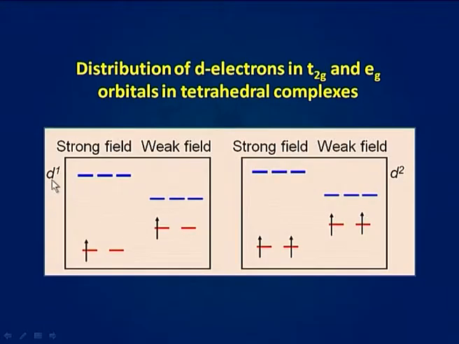You can see here for D1, the electronic configuration for strong field ligand and for weak field ligand is same, both having 1 unpaired electron. Similarly, for D2 also, the electronic configuration for strong field and weak field ligands is same, both having 2 unpaired electrons. The electronic configuration is Eg2 for strong field and Eg2 for weak field also.